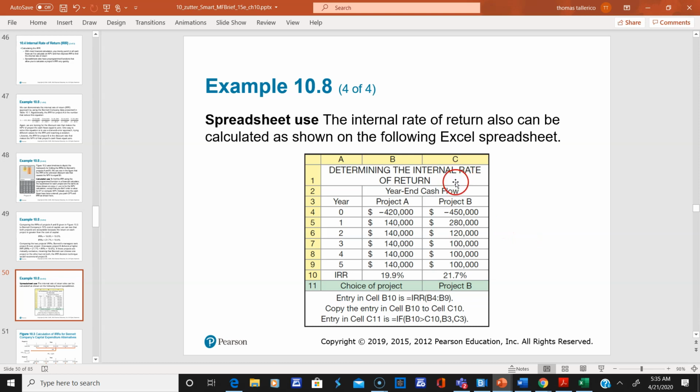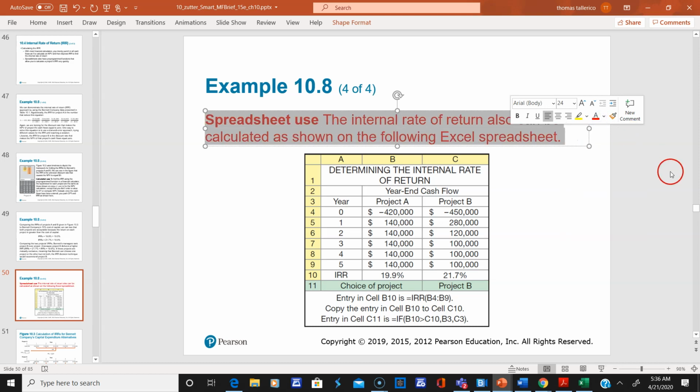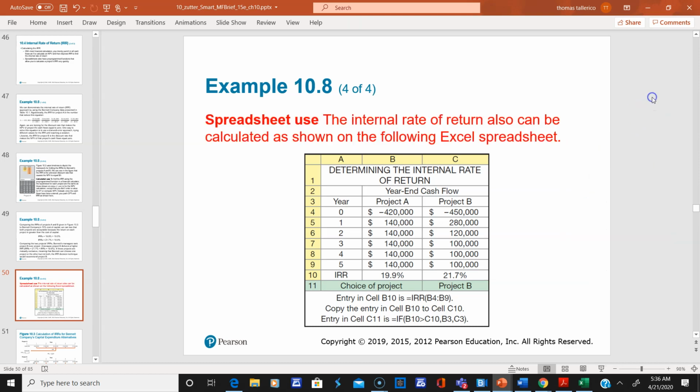All right. So here's the most important thing, and again, as I talked about, Microsoft Excel. Here's the spreadsheet example. I think you should follow this very, very carefully, and really practice with this because it's handy to have. So here's your initial cash flow, and here are the cash flows.